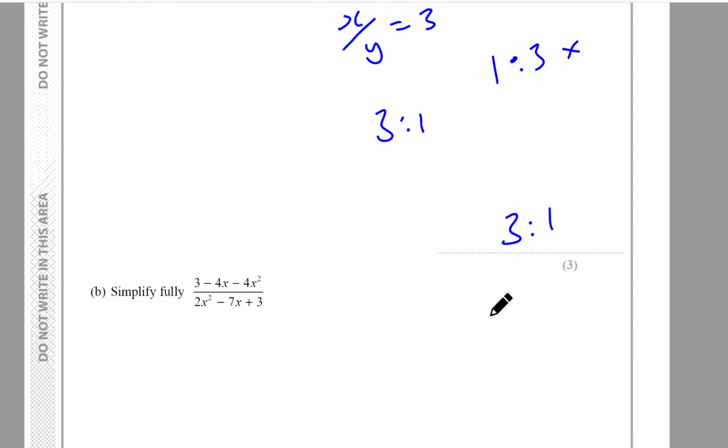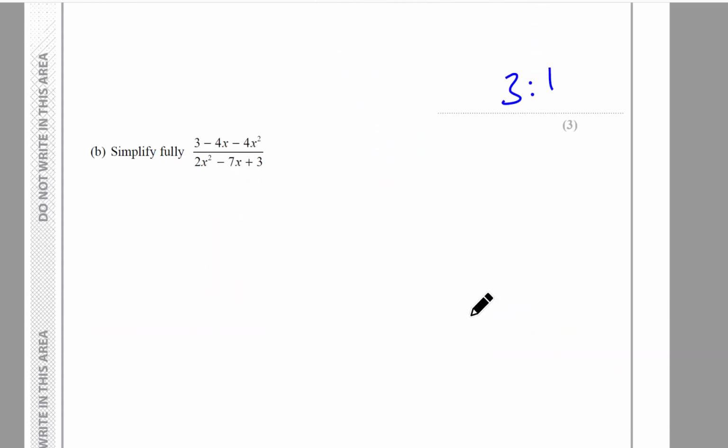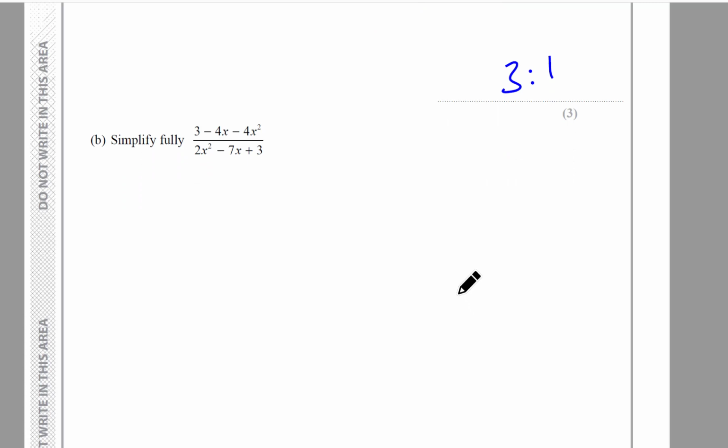Right, let's do B. So you just need to be able to factorise here, whatever way you factorise, by inspection or whatever.